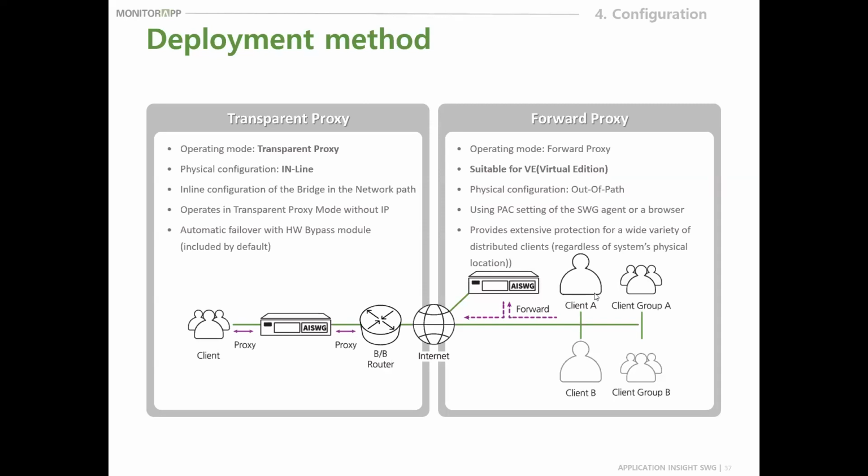Another case is port proxy. This is useful for very small offices or lots of remote users. In this case, you can install the agent or configure the PAC. Then all of the traffic will go through the AI SWG virtual edition.